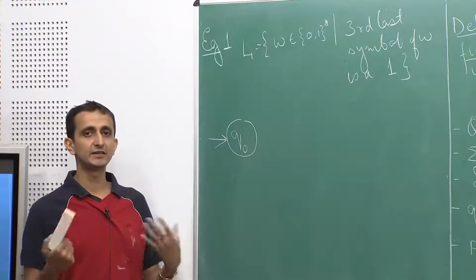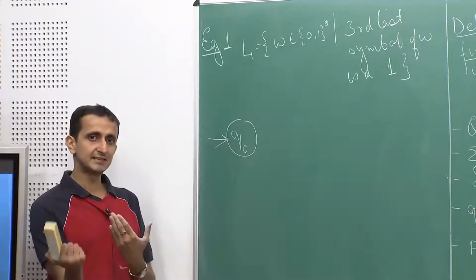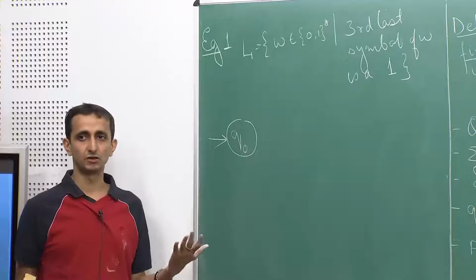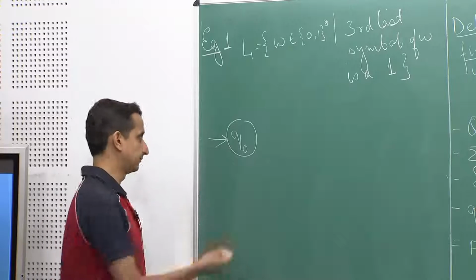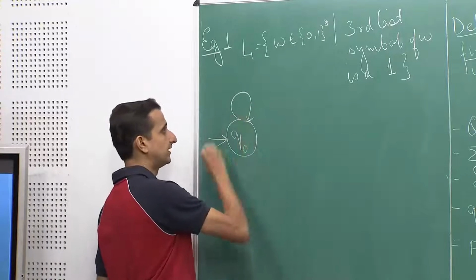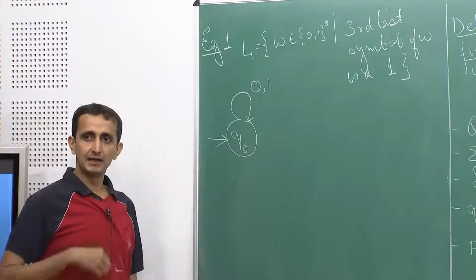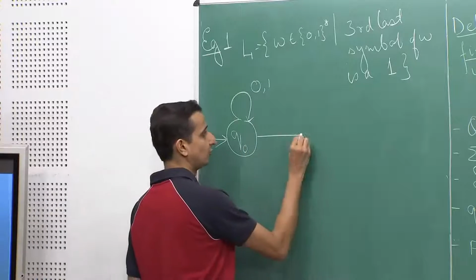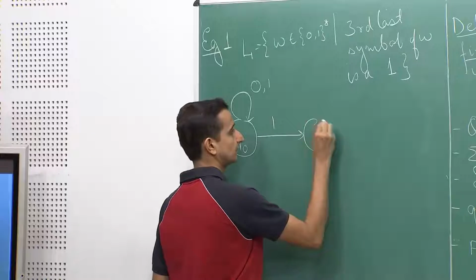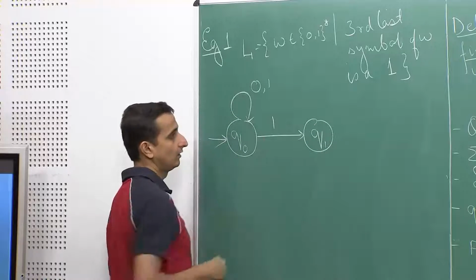So there are two things that can happen. Either the next symbol is the third last symbol or it is not. If it is not the third last symbol, then I will just ignore it, so I will stay at Q0 on a 0 or 1. If it is the third last symbol, then I will go to the state Q1 on a 1.